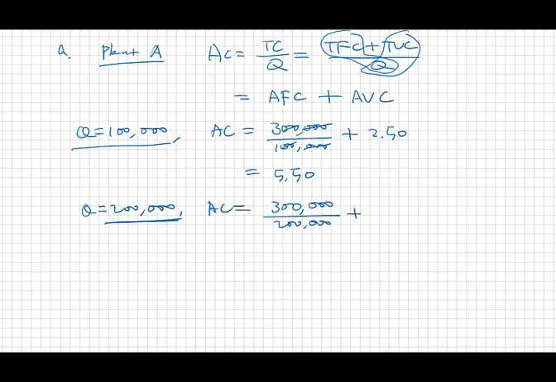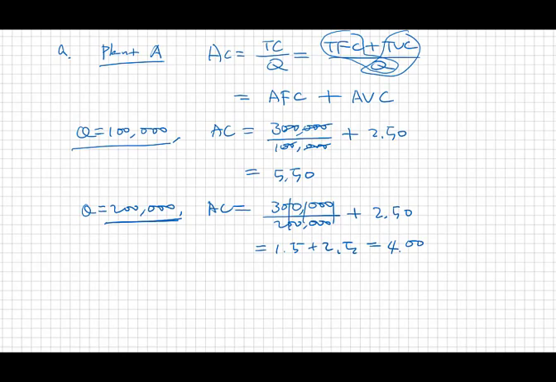So divide by 200,000, but then this quantity 200,000 does not exceed the capacity of plant A, so variable cost stays at 250. So this will be 150 plus 250, so it gives you 400. So $400 average cost to produce 200,000 units.